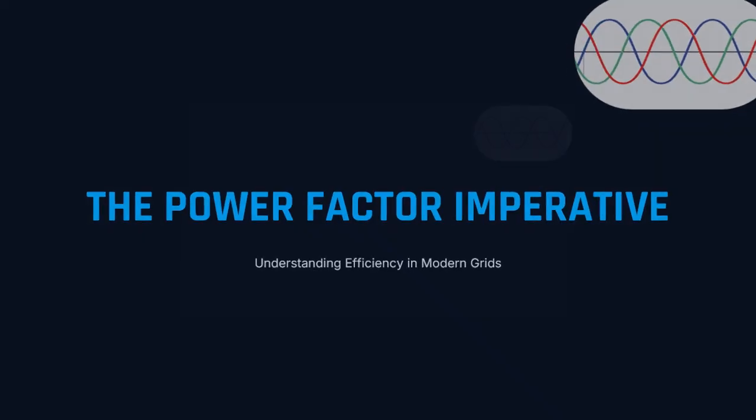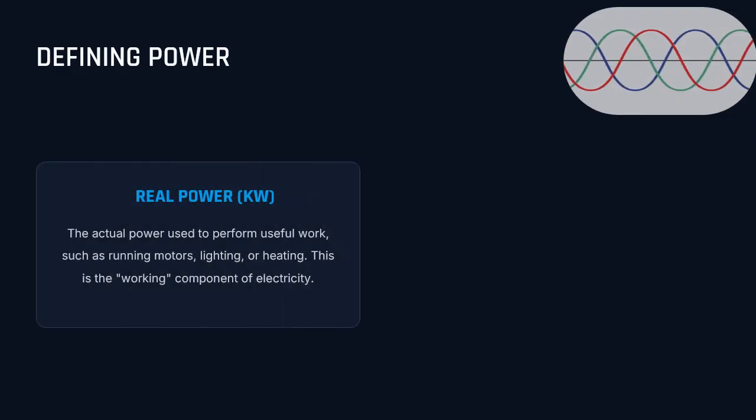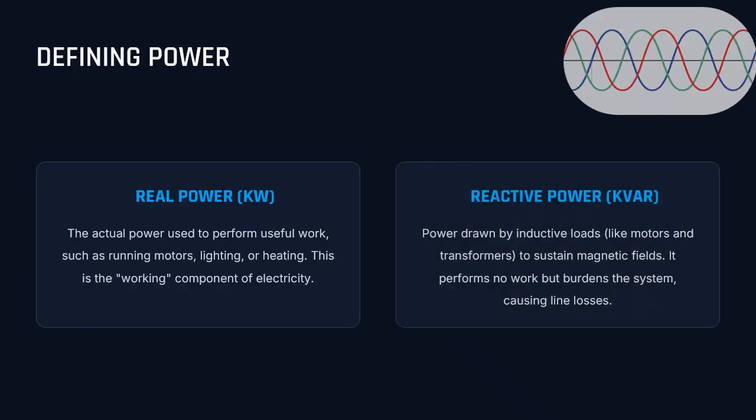Defining power. Power flow in an AC system is composed of two primary elements. First, we have real power, or kilowatts, kW. This is the power that actually does the work. It runs the motor, heats the water, or lights the room. Second, we have reactive power, or kVAR.